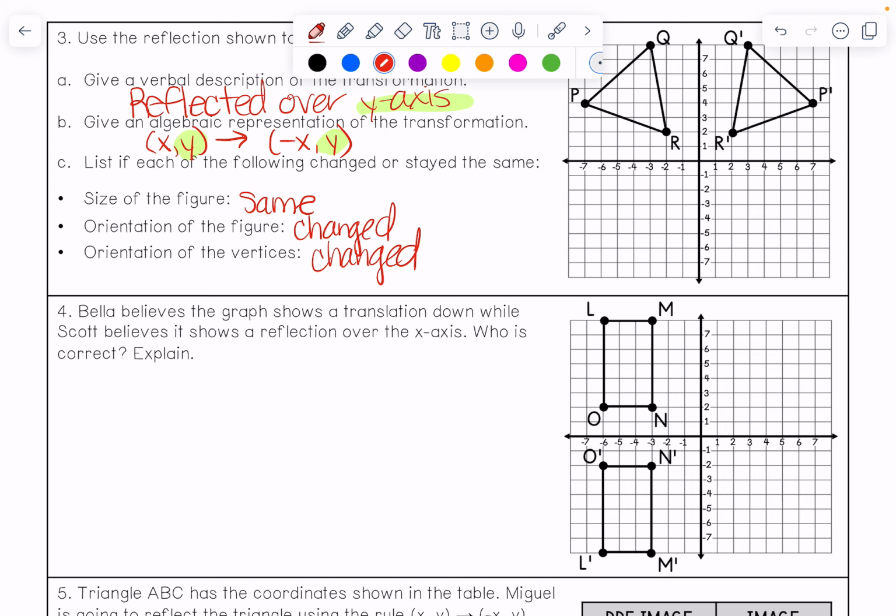If I had just translated this rectangle down, then up here should have been L prime, because that corresponds to this vertex. Since it's O prime, that means we actually did a reflection, and so we're reflecting that over the x-axis.